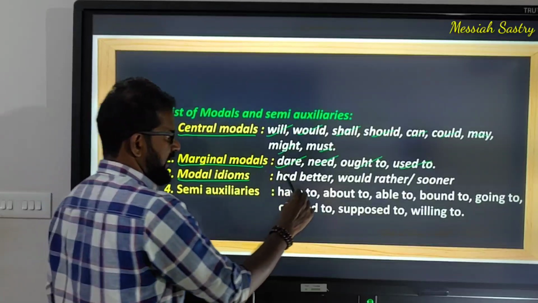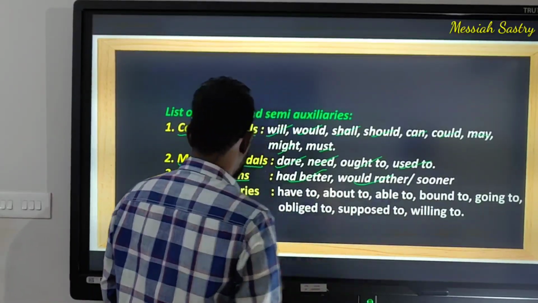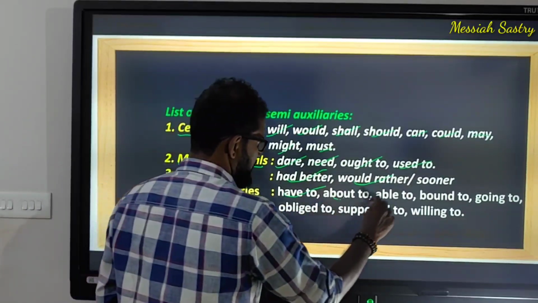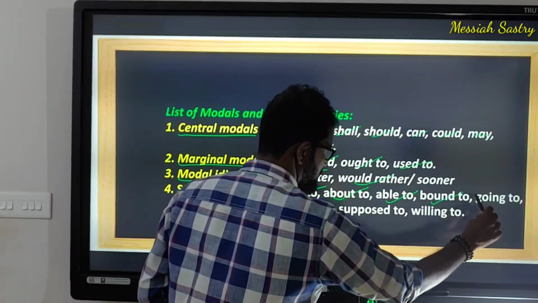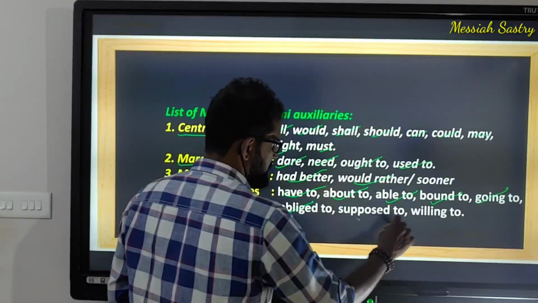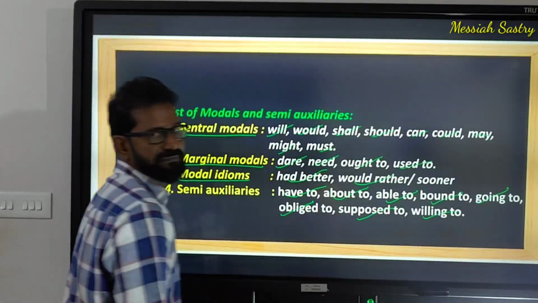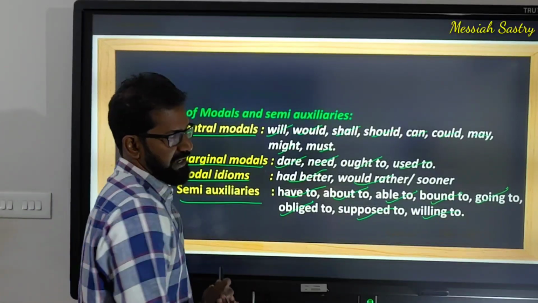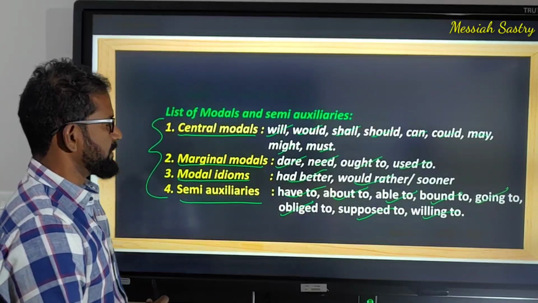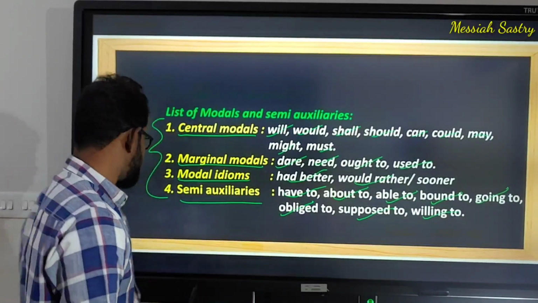Modal idioms: had better, would rather, sooner. Semi-auxiliaries: have to, about to, able to, bound to, going to, obliged to, supposed to, willing to. These are called semi-auxiliaries. So that is the list of modals and semi-auxiliaries.